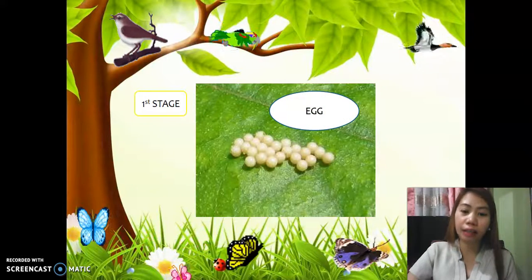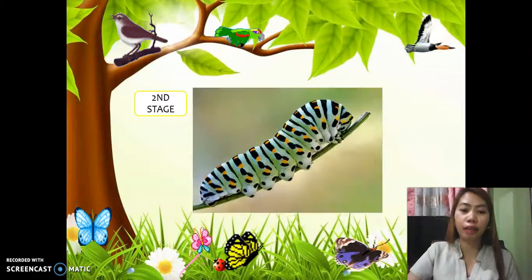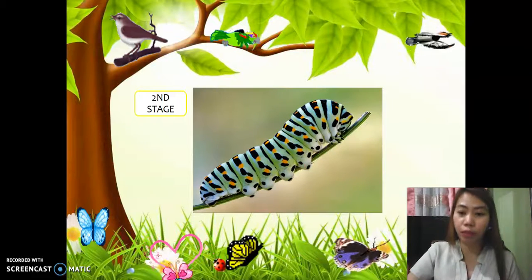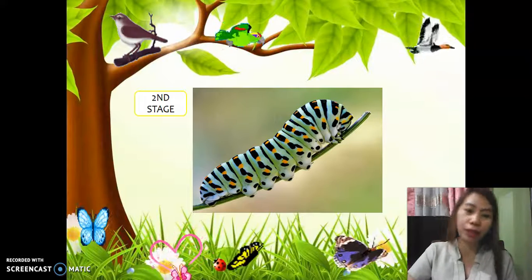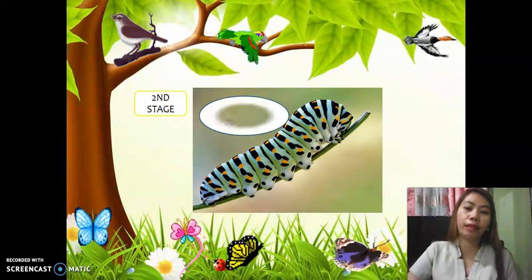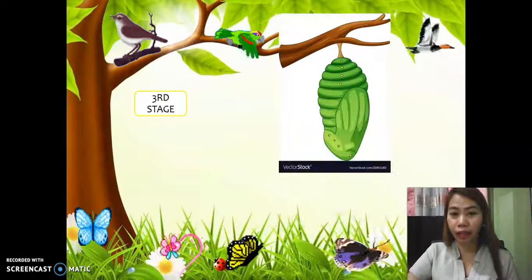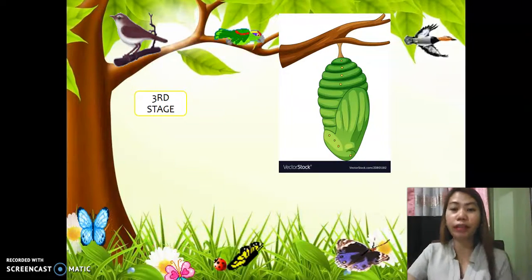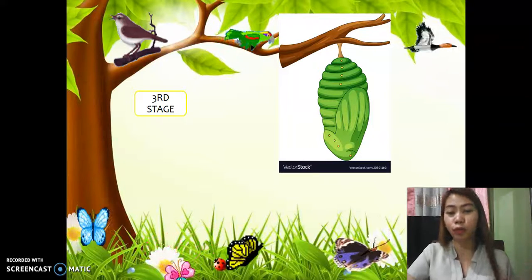This is the egg stage, the first stage. Okay? And for the second stage, we have this picture. We call this the larva stage or caterpillar stage.